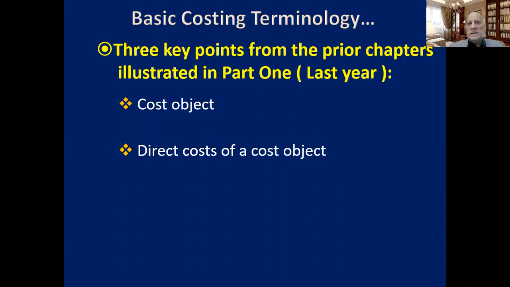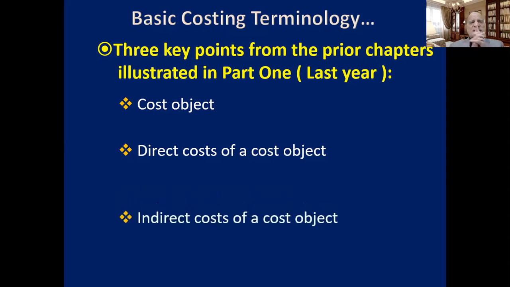Remember what we illustrated last year: direct costs are costs that can be traced to that cost object in an economically feasible way.